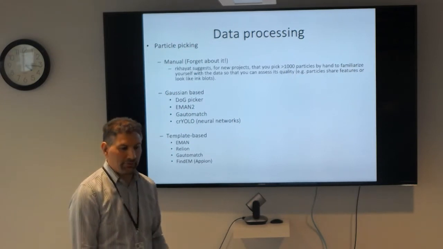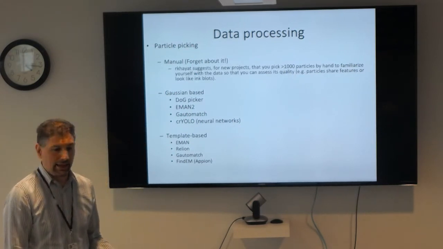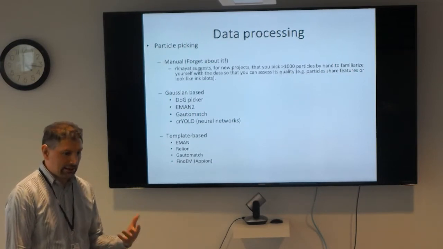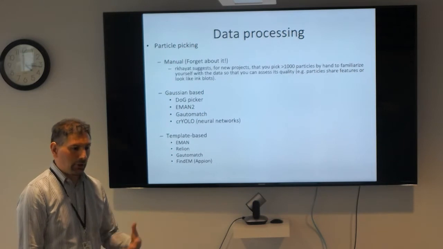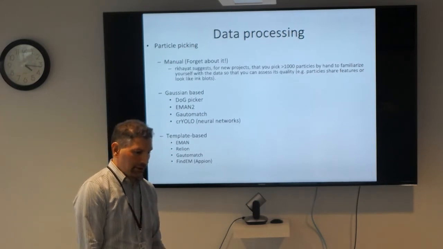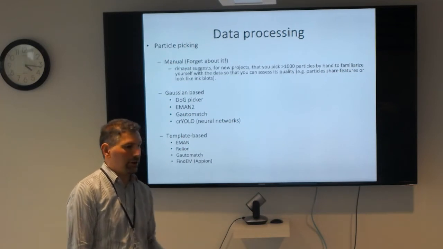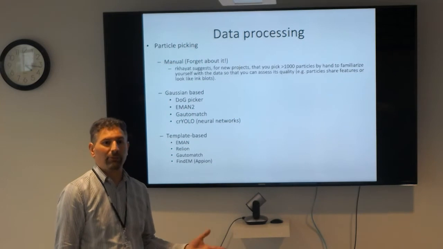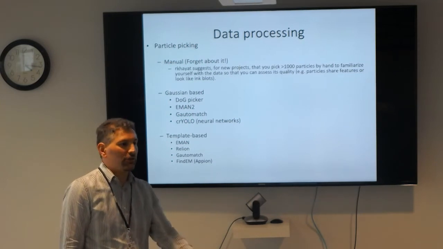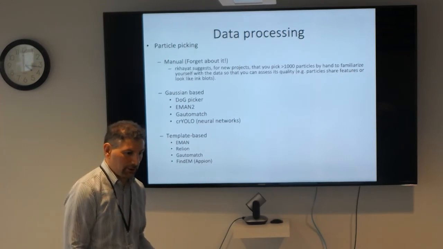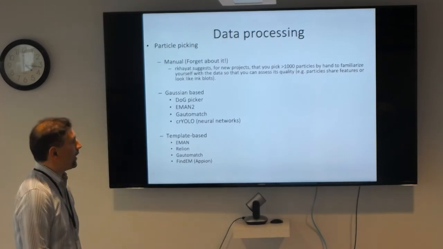I generally pick 5,000, 6,000 particles by hand. It allows you to become familiar with it. It's an intimate process, and this way, when you get 2D class averages, a big problem with people who start out is that, oh, I have a 2D class average, therefore it must be correct. I have a 3D reconstruction, it must be correct. The purpose of the program is to give you something, and a lot of times that something could be garbage. Okay, so by doing this particle picking, you become a little bit better acquainted with what you're looking at.